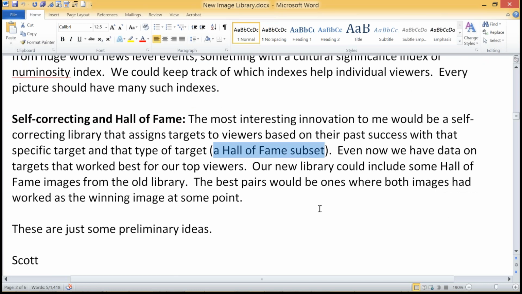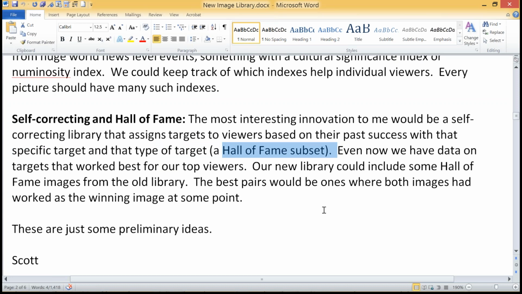If we have 800 images, and this viewer has done 50 transcripts over the past 2 years, then we definitely have a set of targets that were successful for them. And if we're keeping an index of different aspects of each target, then we also have an idea of what type of targets work for them.